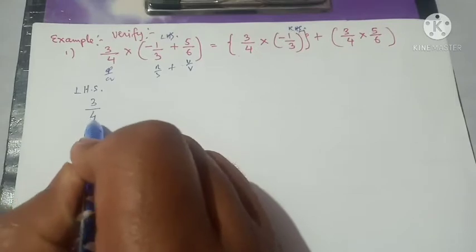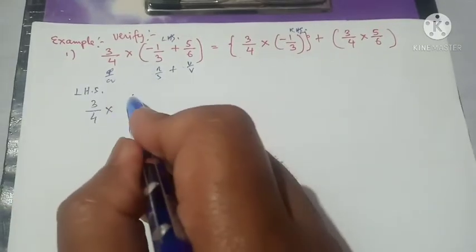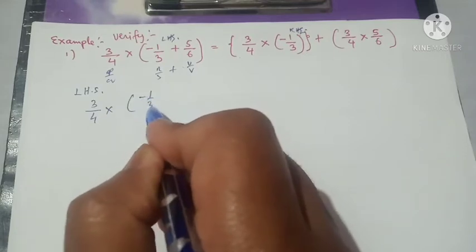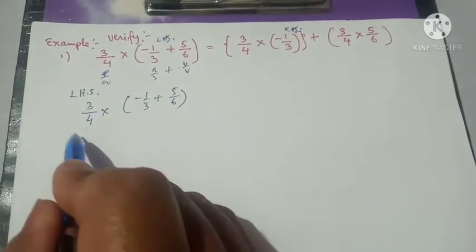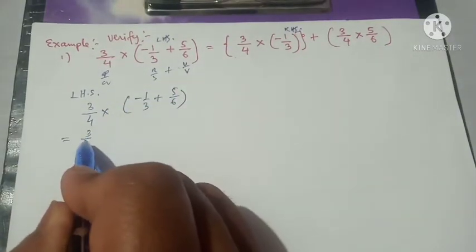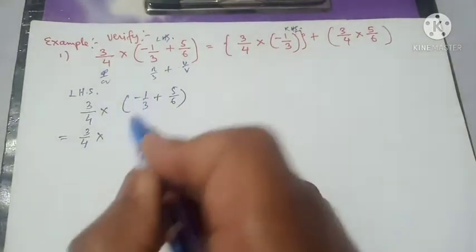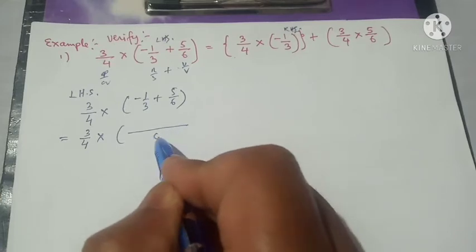3 by 4 into bracket minus 1 by 3 plus 5 by 6. If you take the LCM of 3 and 6, the answer will be 6.